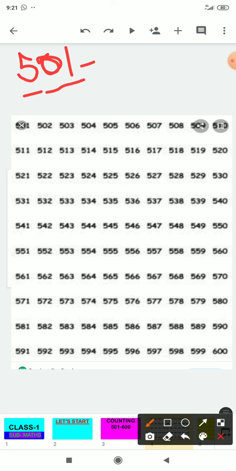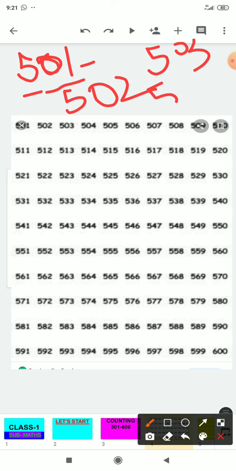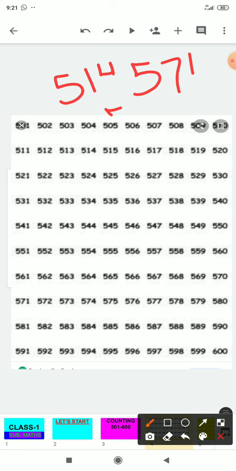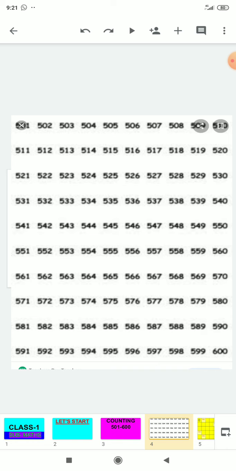Then 502, 503, 514, 571, 592. So in this way you can write the numbers and count properly and easily, and you can understand the content of this topic.